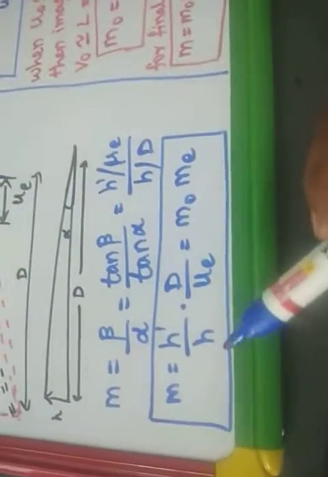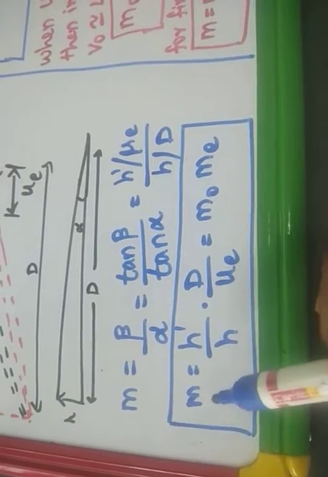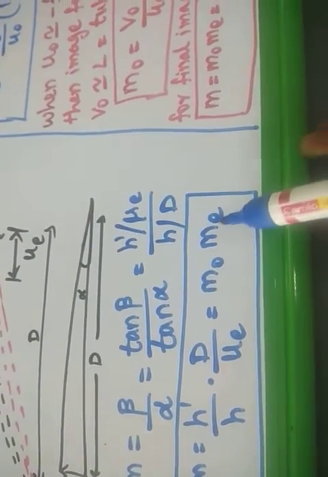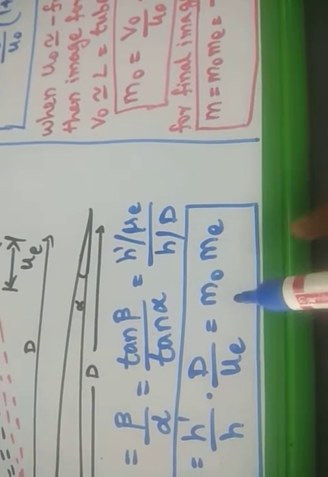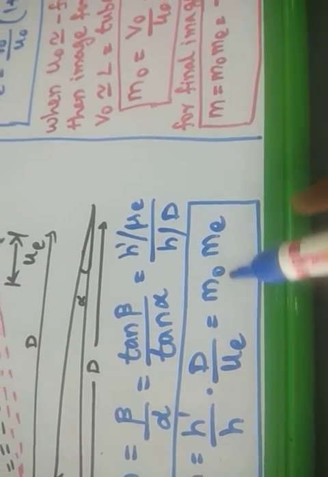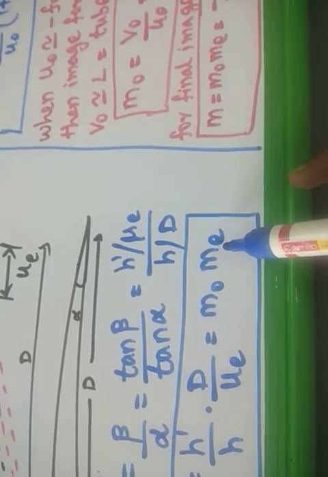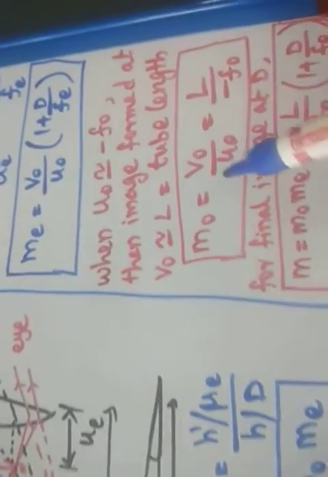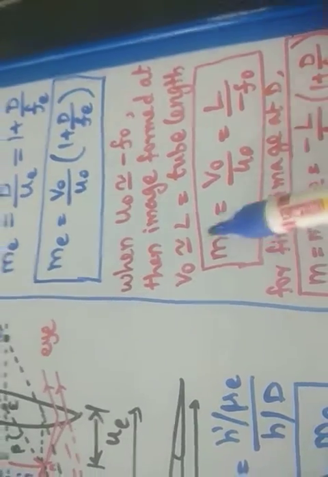As we derived, the total magnification of the compound microscope is the product of the objective lens magnification and the eyepiece magnification.